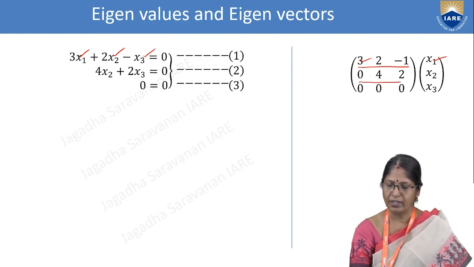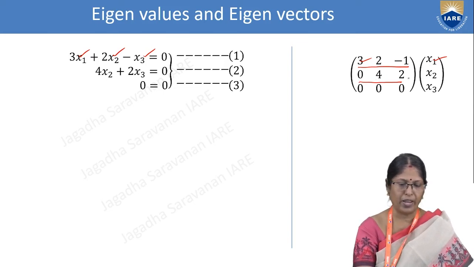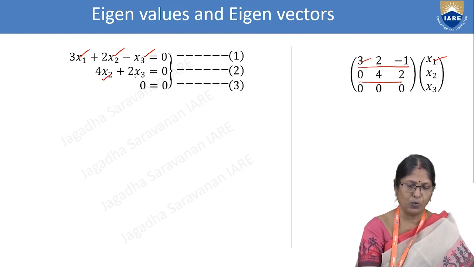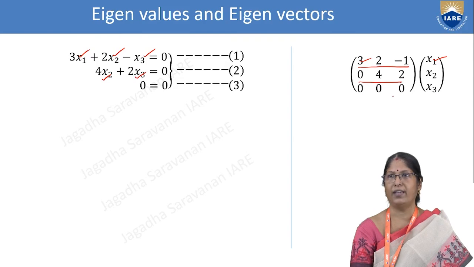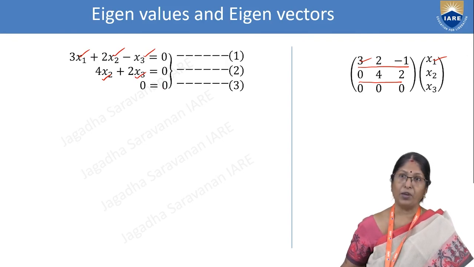Next we take the second row: 0 into x1, that is the reason it is not written, 0 into anything is 0. 4 into x2, 4x2, 2 into x3, 2x3. The third row is completely 0, so 0 equal to 0. We got the 3 equations.